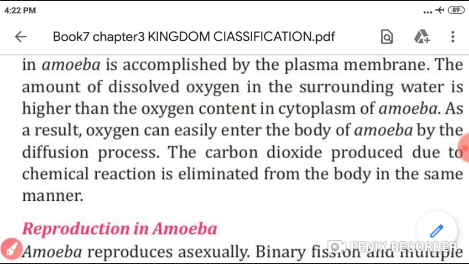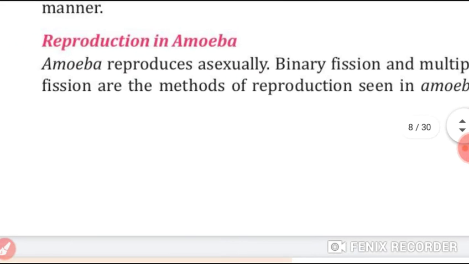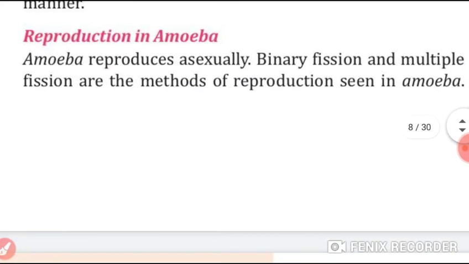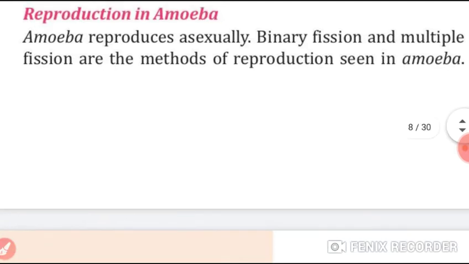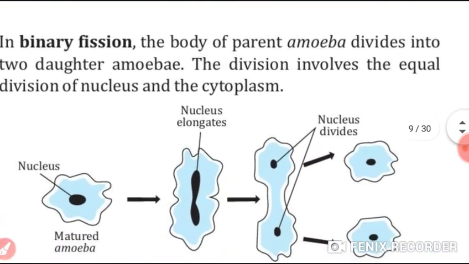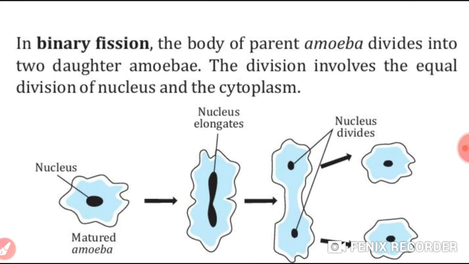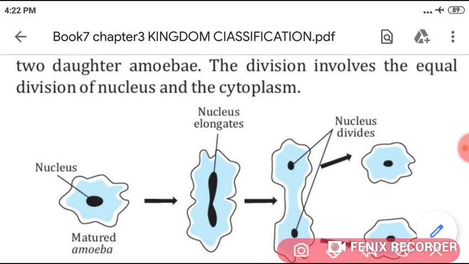Okay, students. Now how does reproduction in amoeba take place? Students, in amoeba, reproduction takes place asexually. Binary fission and multiple fission are the methods of reproduction seen in this amoeba. Students, in binary fission, the body of the parent amoeba divides into two amoebae like this.